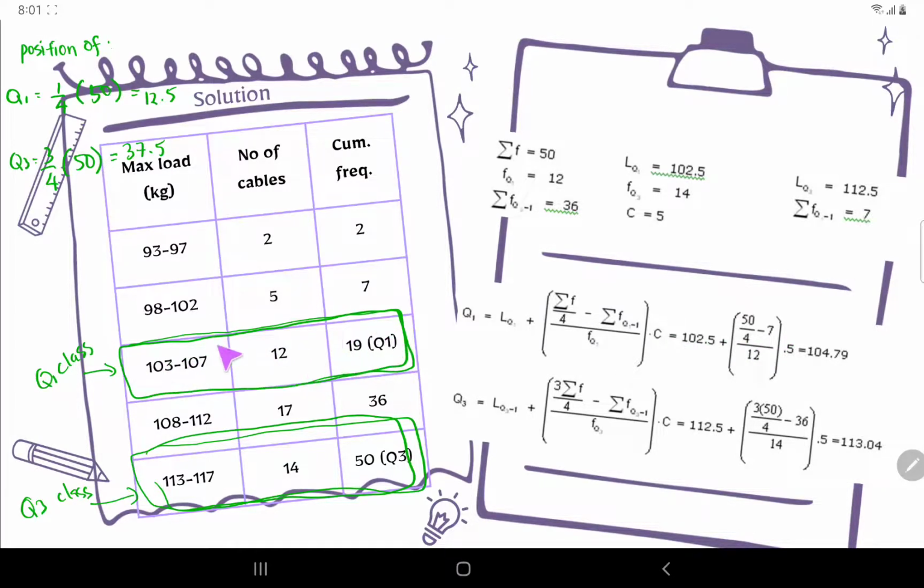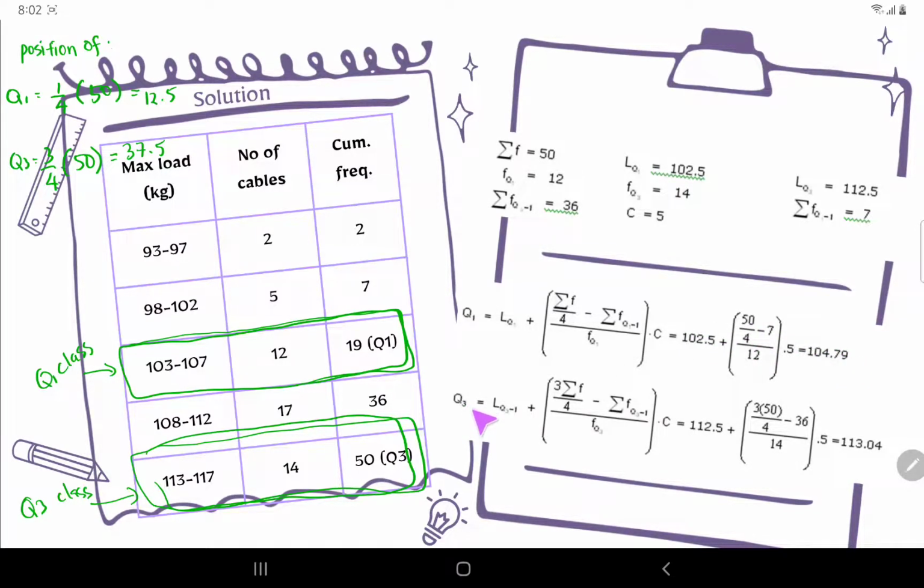Minus 7 divided by 12, where 12 is the frequency of the Q1 class, multiply with 5, which is the class size. From 103 to 107 we have 5 numbers. So our C is 5. Calculate this and we get the answer.